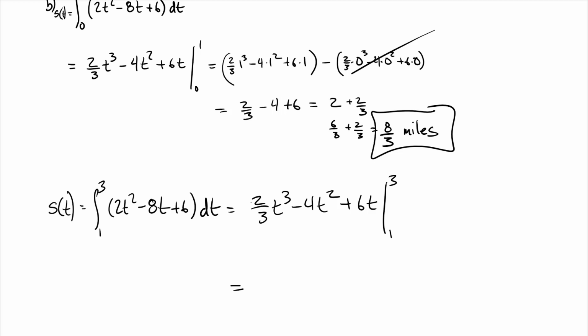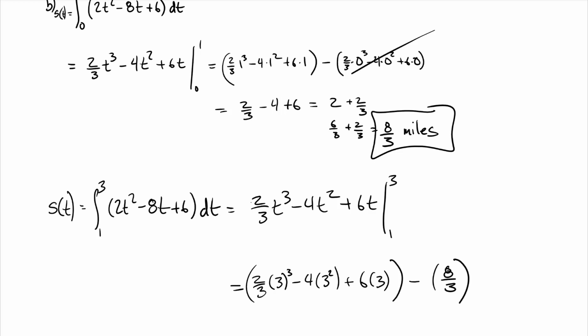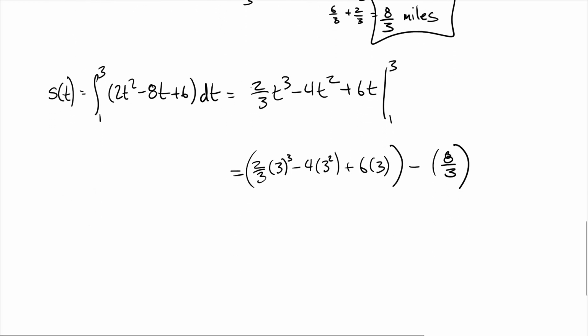All right, so we're going to get 2/3 times 3 cubed minus 4 times 3 squared plus 6 times 3. And then we're going to subtract out the value from 1, and that's 8/3. I'll let you think about why that's just 8/3 for the 1 that we've already solved for. Just saving some time.